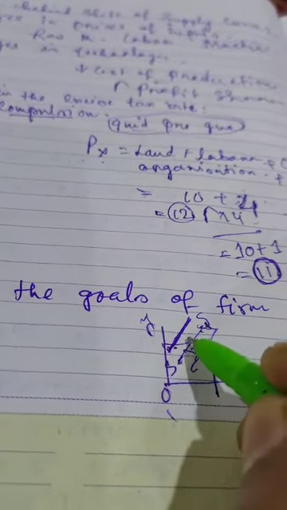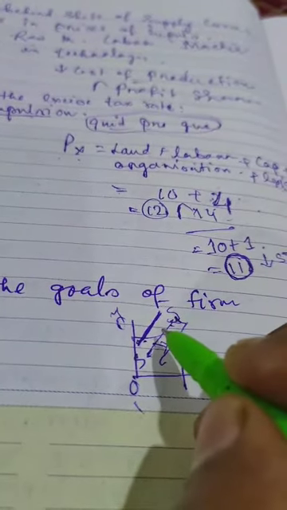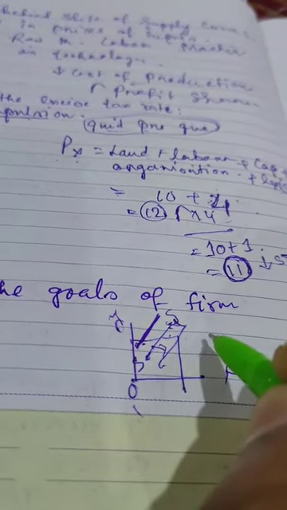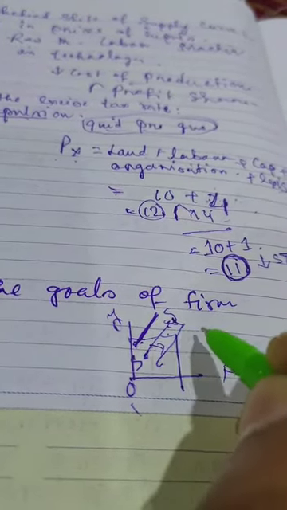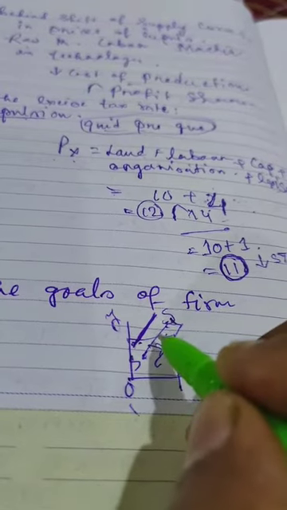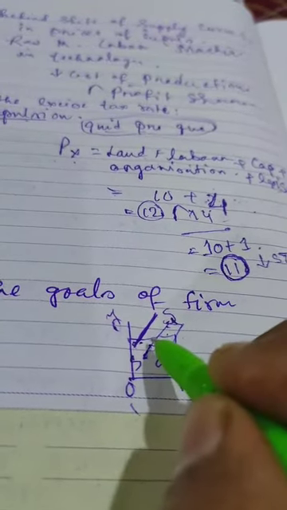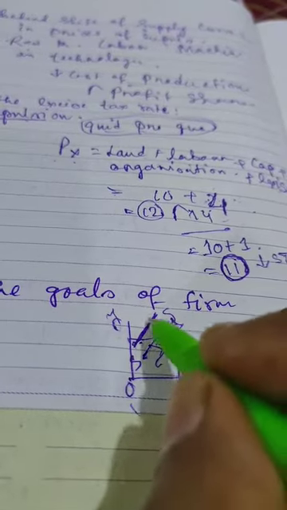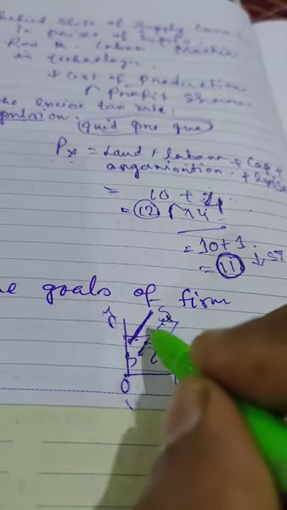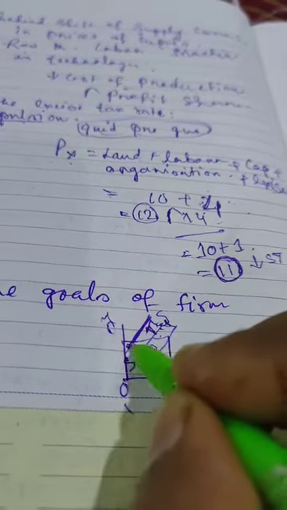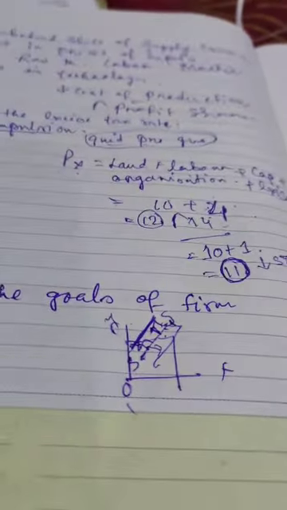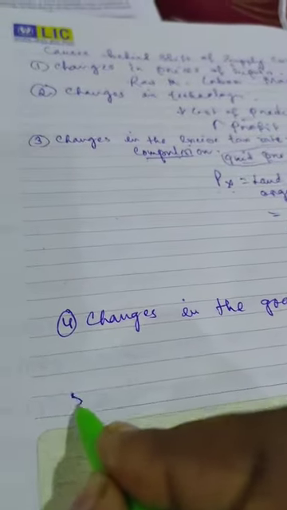That means if the goal of the firm changes to risk minimization, the producer wants to take less risk in the production of the commodity, so they will supply a lesser amount of the commodity, and as a result it will shift left. That means there will be a leftward shift of the supply curve. So this was the last point.